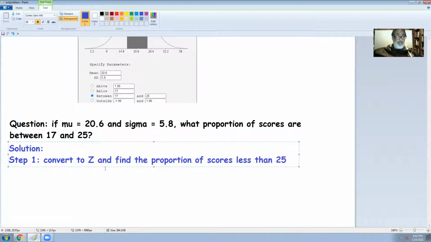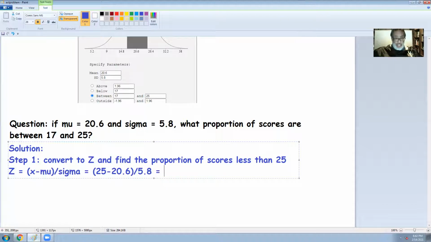Because if a score is going to be between 17 and 25, it first must be less than 25. So to do that, we do the conversion. The Z value we get is x minus mu divided by sigma, which is 25 minus 20.6 divided by our sigma.